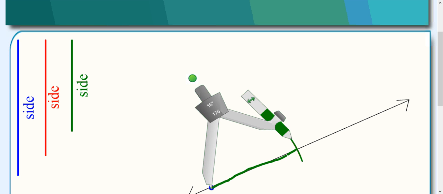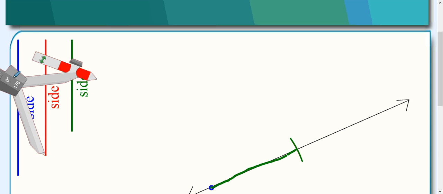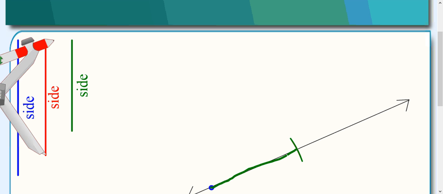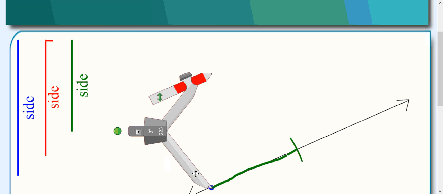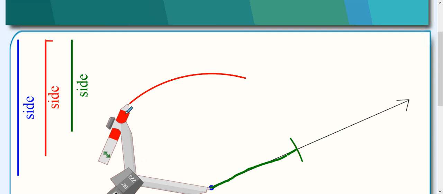Then we're going to take the red segment. We're going to copy that. So we've got our length there. We're going to bring it down also from the point. We don't know where that side's going to go, so we're just going to make a big arc up there.